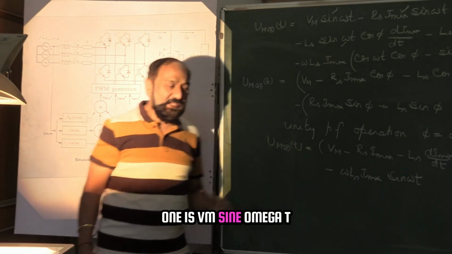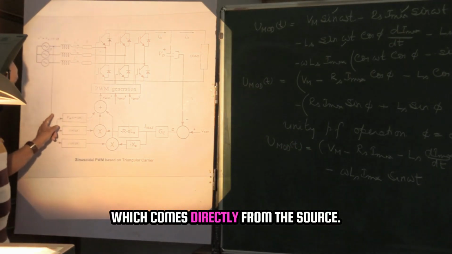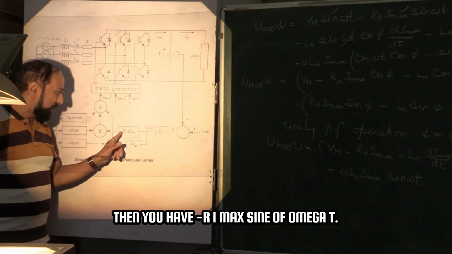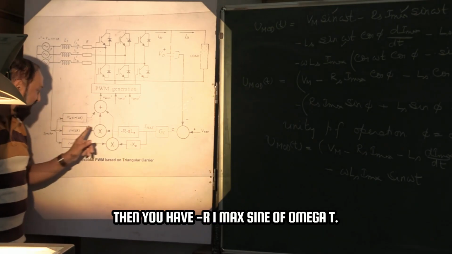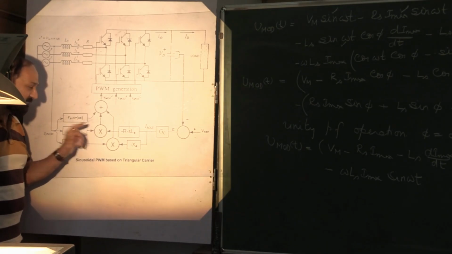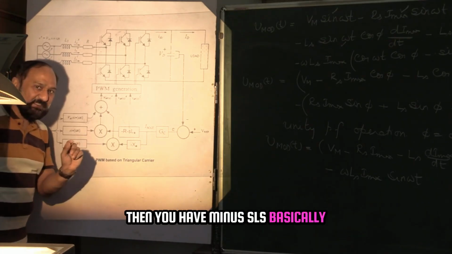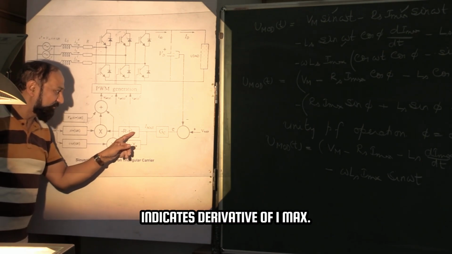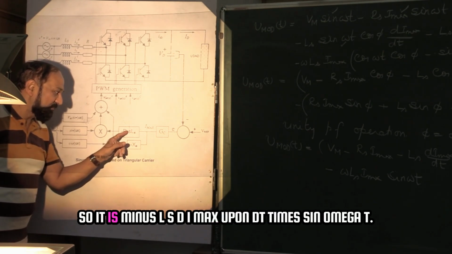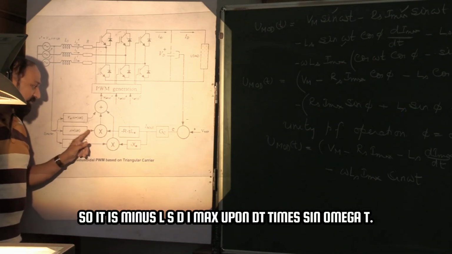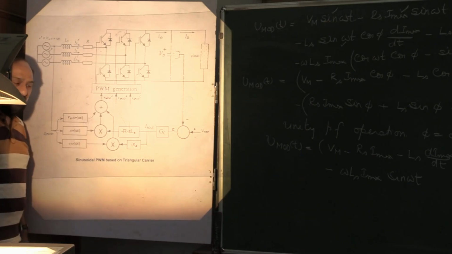Now there are three terms in this modulating signal. One is Vm sin omega t, which comes directly from the source. Then you have minus R I max sin of omega t. Then you have minus Ls, basically the derivative of I max, so it is minus Ls di max upon dt times sin omega t.